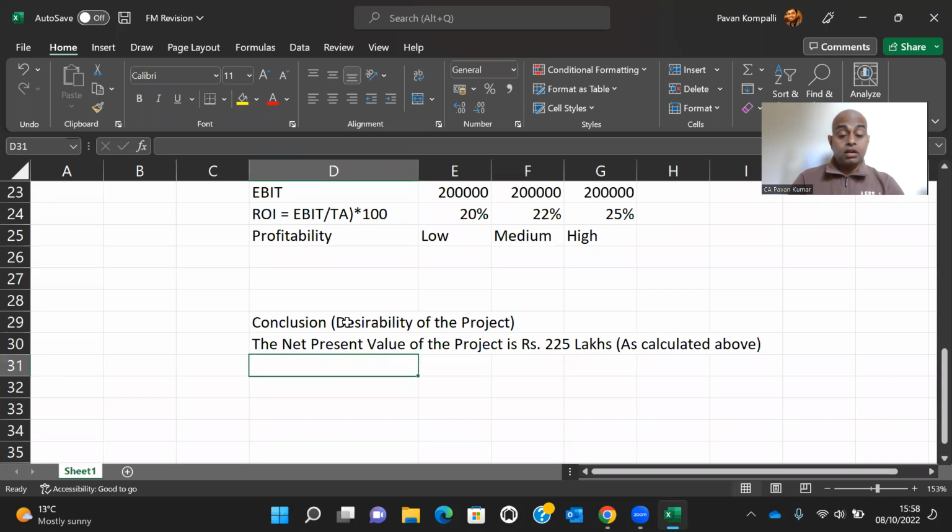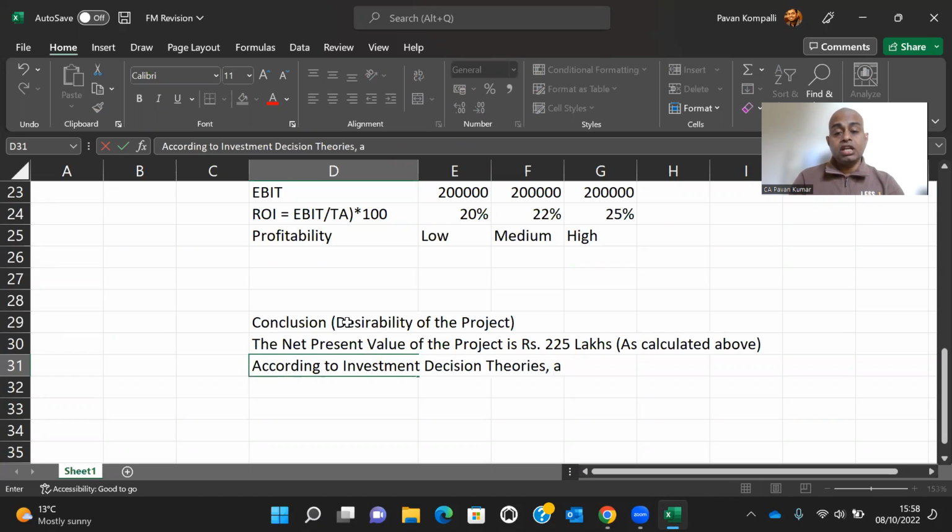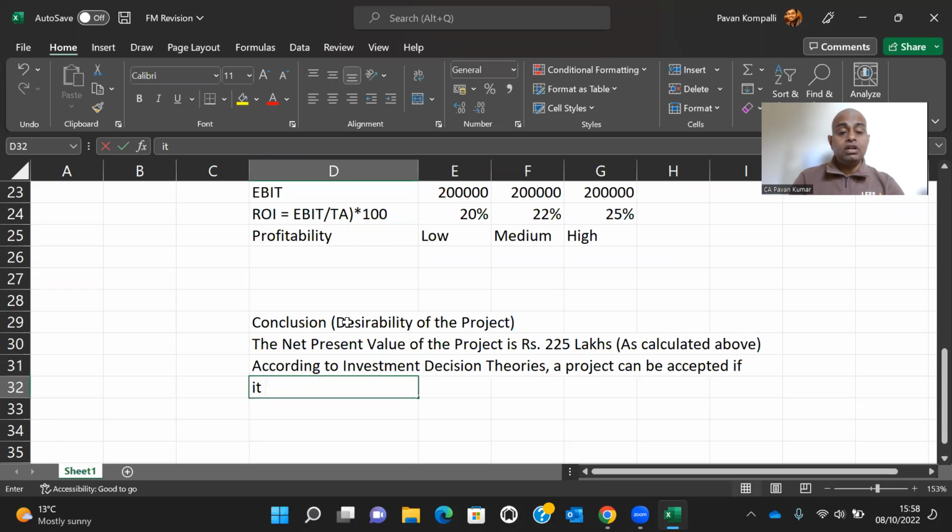According to investment decision theories, a project can be accepted if it results in a positive NPV.